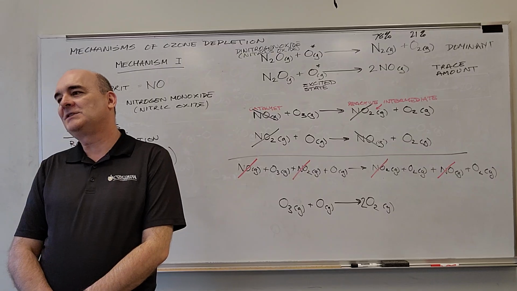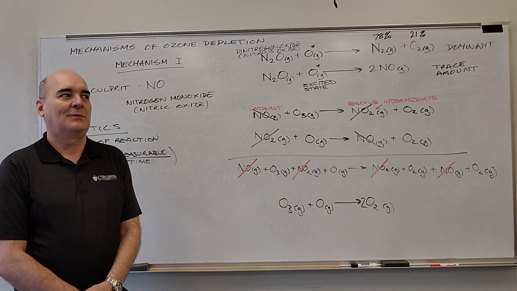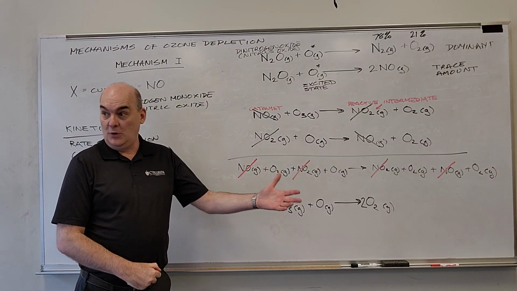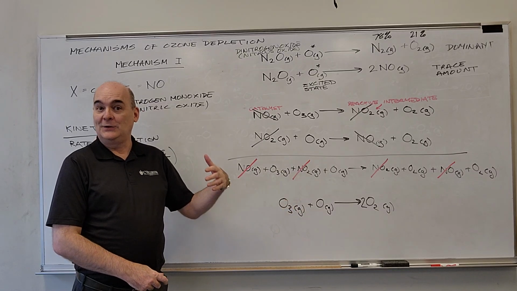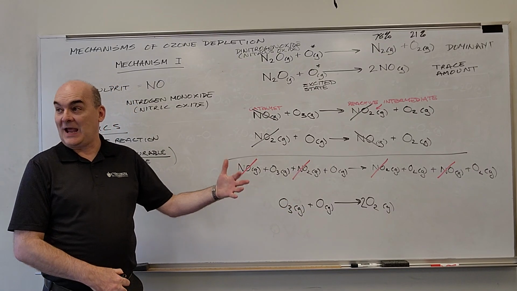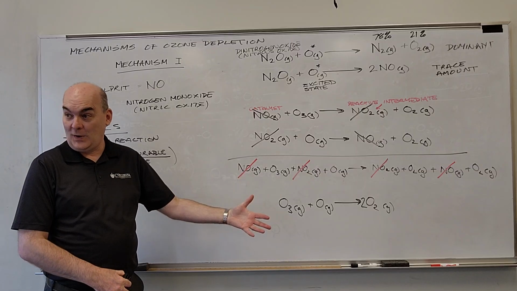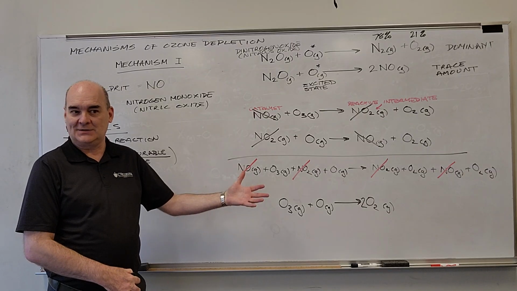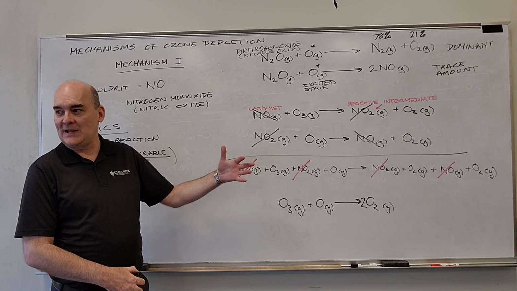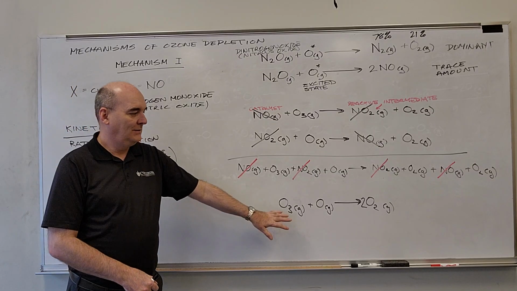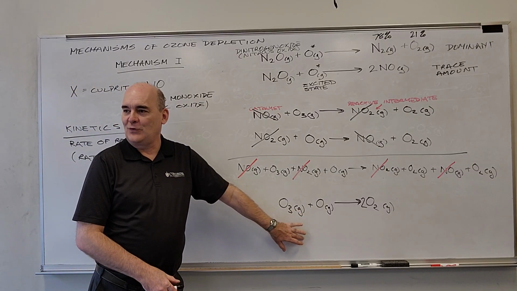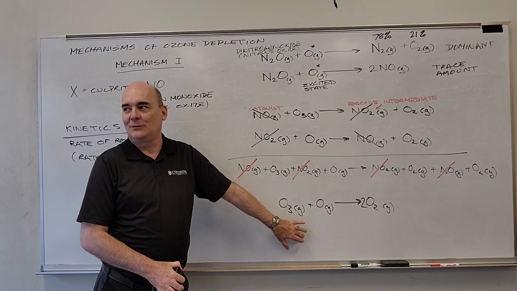So if you want to assess whether a reaction is going to go or not go, and you want to assess how fast it's going and what effect changing something will have on this reaction, you only look at the reactants, because it's the reactants that are doing the reacting.